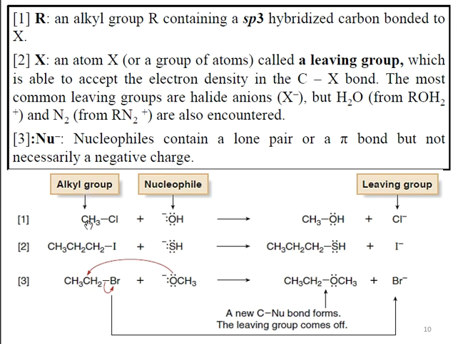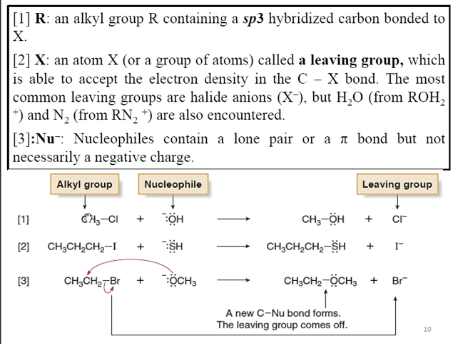Look at this example: the alkyl halide, this is the alkyl group, and this is the nucleophile with a negative charge. This nucleophile attacks to remove the Cl, and the Cl is the leaving group. This is also a negative charge, SH minus, which replaces and removes the iodine. Also here, methoxide, CH3O minus, removes the Br and gives you the ether.